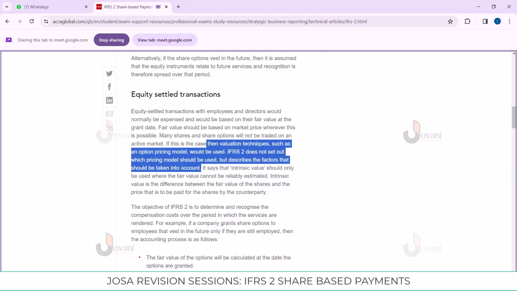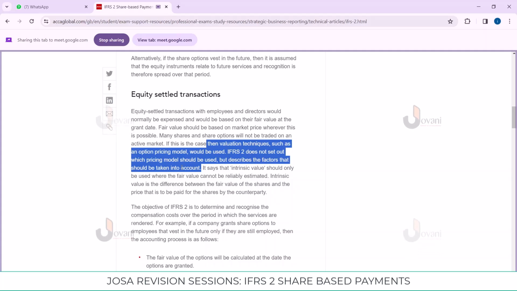So the summary says, if you cannot find the fair value of the options on an active market, like the stock exchange, then you can use option pricing models. I've given you one example, the Black-Scholes option pricing model that you're going to cover in your AFM paper. The standard does not specify which model to use, but it says intrinsic value should only be used where the fair value cannot be reliably estimated.